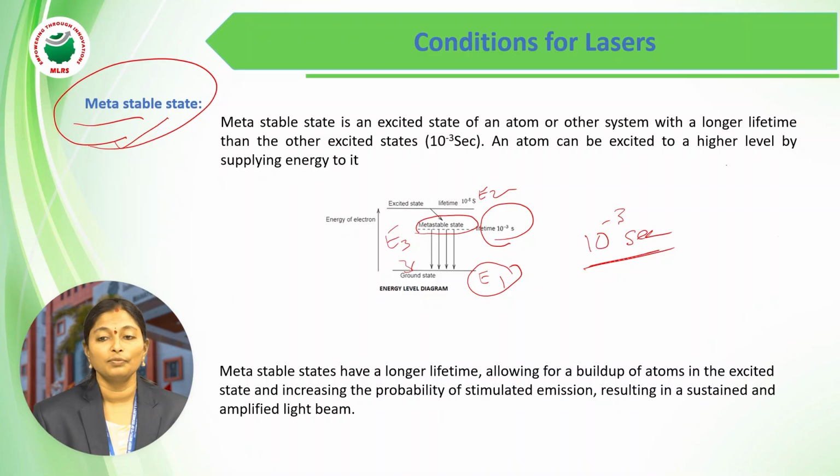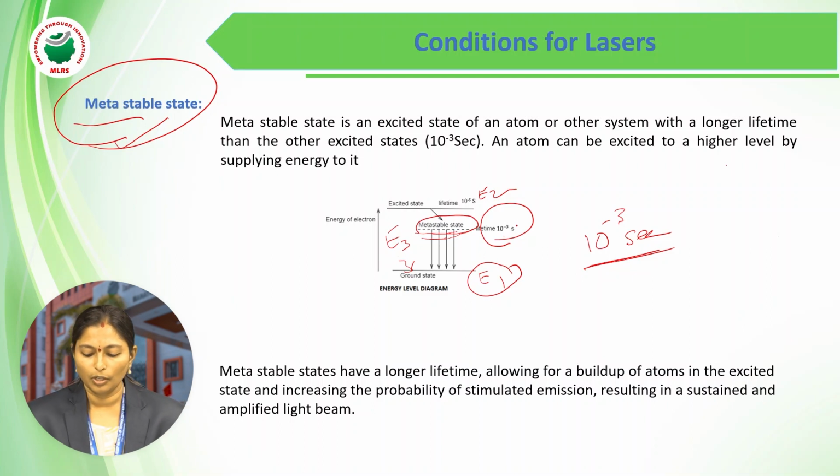At first the atoms absorb the energy and move to the excited state, not the metastable state. From the excited state they come down and stay in the metastable state. Here it will stay for a long time. The lifetime of the metastable state is 10 power minus 3 seconds.